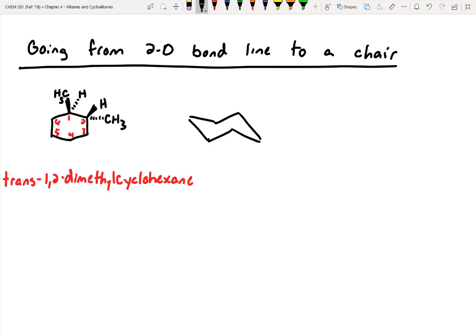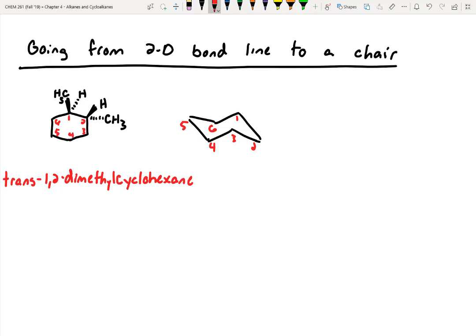In our chair structure, we should try to be consistent. So let's number going clockwise in my chair. I'm just going to arbitrarily say that will be carbon 1, carbon 2, carbon 3, carbon 4, carbon 5, carbon 6. Make sense so far? Clockwise, clockwise.